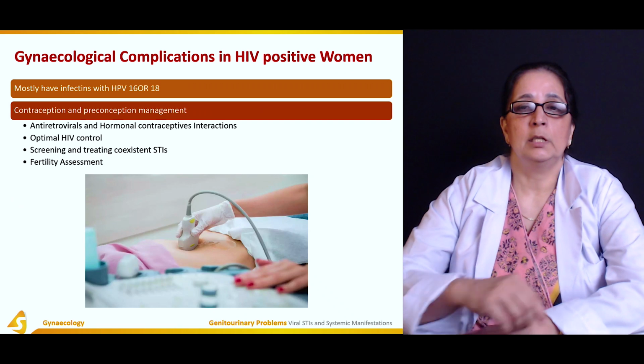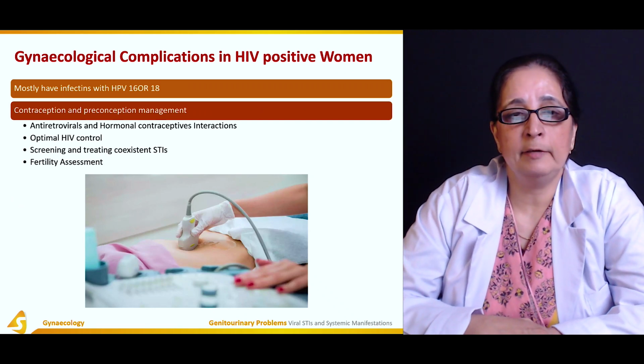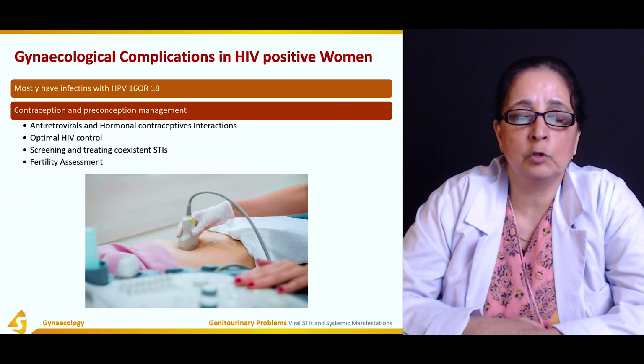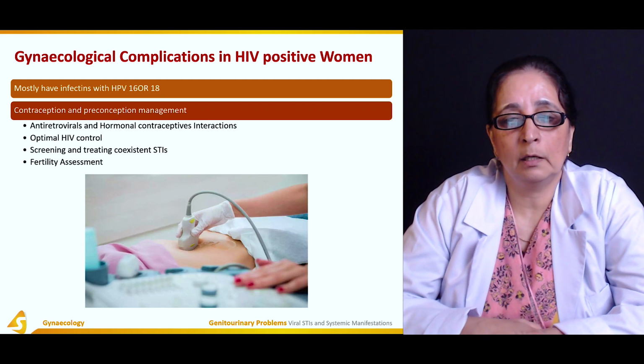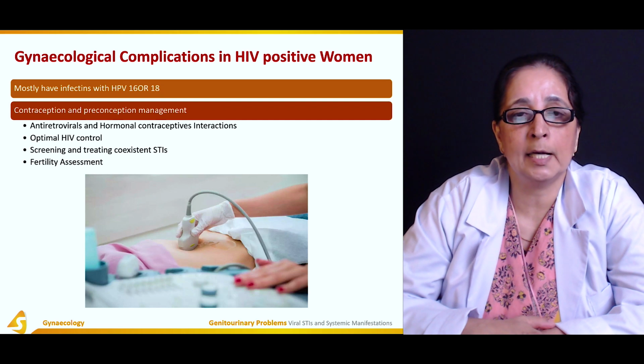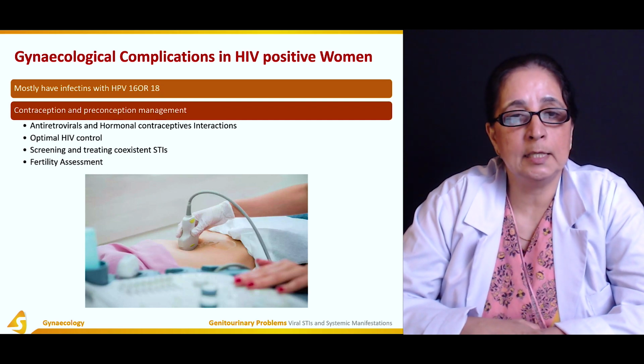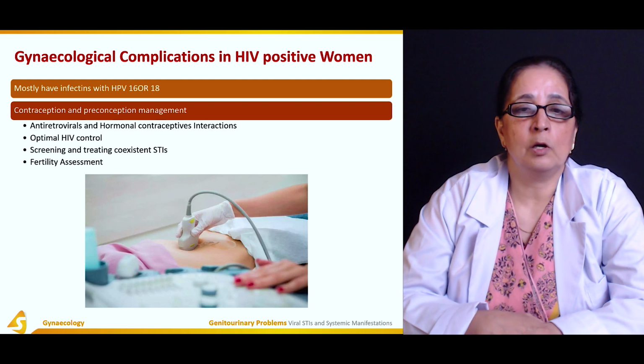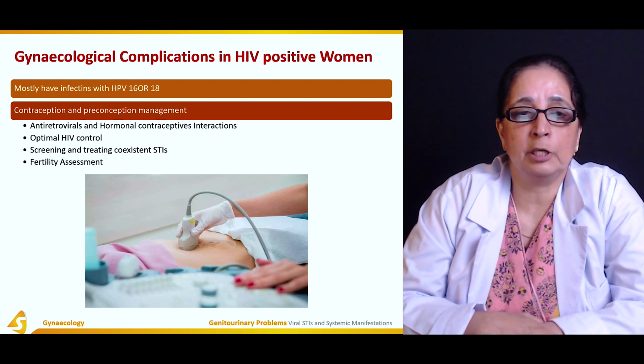Some gynecological complications of HIV most commonly occur after infection with human papilloma virus 16 or 18 strain. And there is also contraception and preconception management of patients with AIDS.